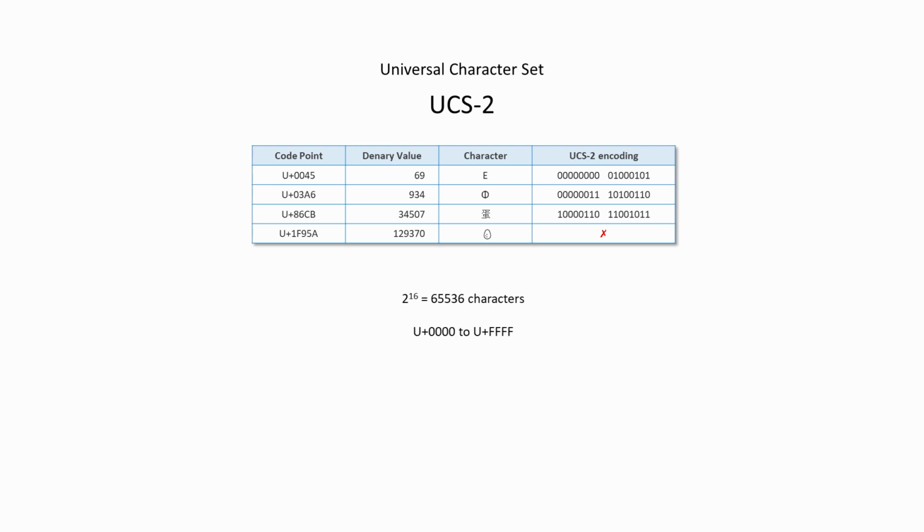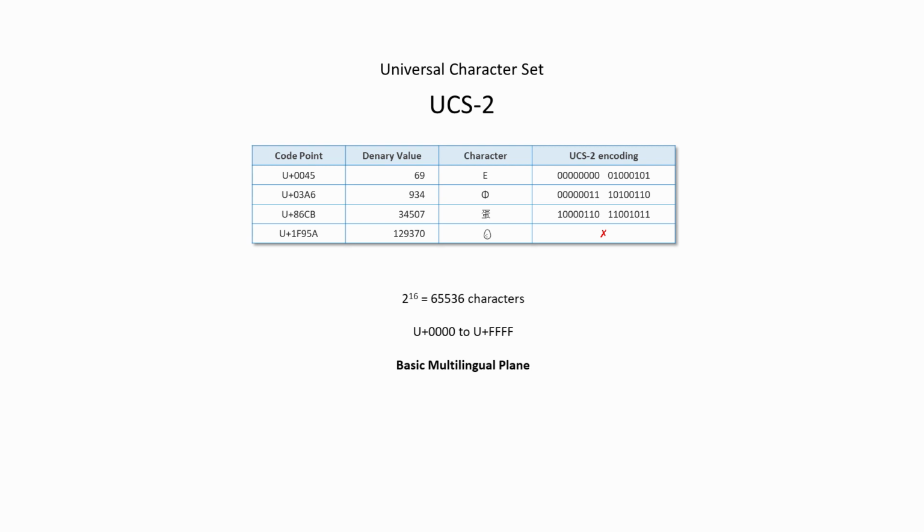To state that in hexadecimal, all of the code points between U+0000 and U+FFFF were available. Encoding was a simple matter of converting each code point into regular 16-bit binary. UCS2 was, and still is, capable of representing almost all of the characters in almost every written language in use today.